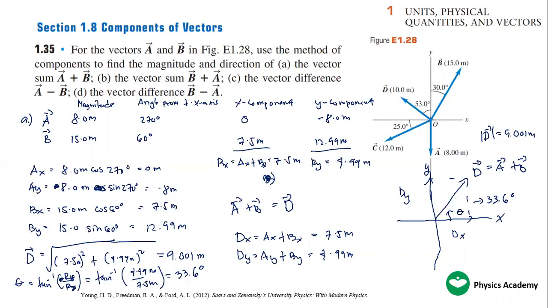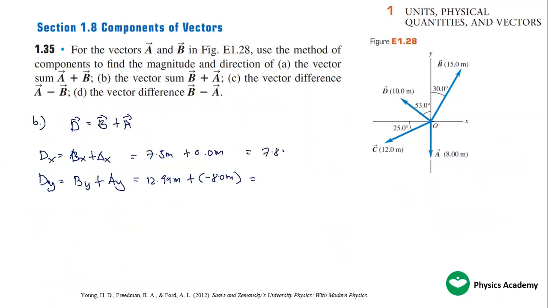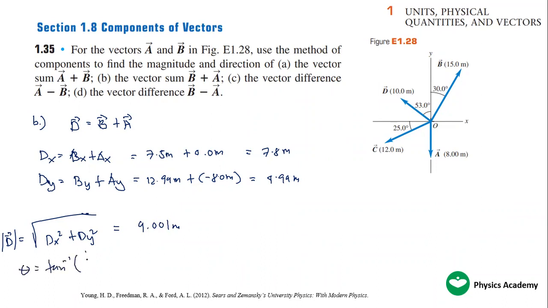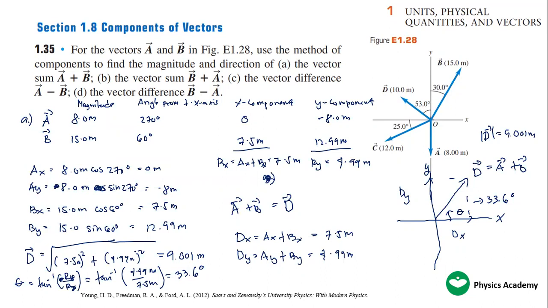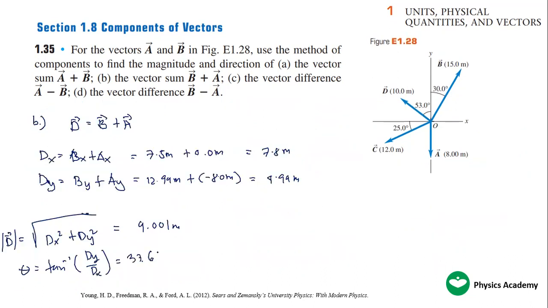So we will have again 7.5 meters and 4.99 meters. If you want to find the magnitude of this vector, dx squared plus dy squared under the square root gives us the same 9.001 meters, and this theta is also tangent inverse of dy over dx, which is also 33.6 degrees.